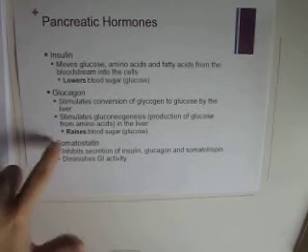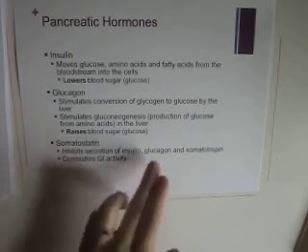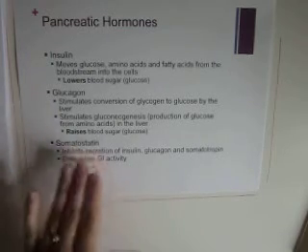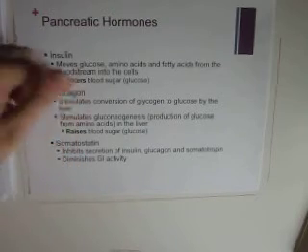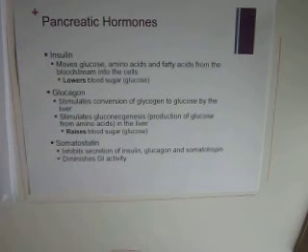And somatostatin is the one that inhibits the secretion of insulin, glucagon, and somatotropin, and it diminishes GI activity. So this is kind of like the check and balance of these. These go off of each other, and this one controls both of those. You just need lots of checks and balances here.